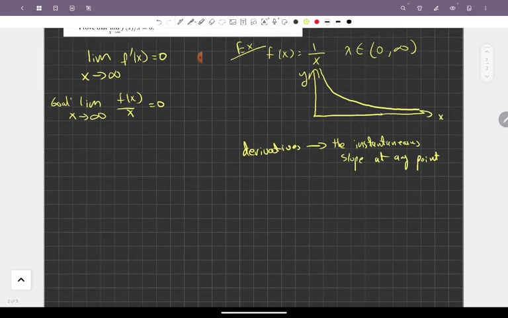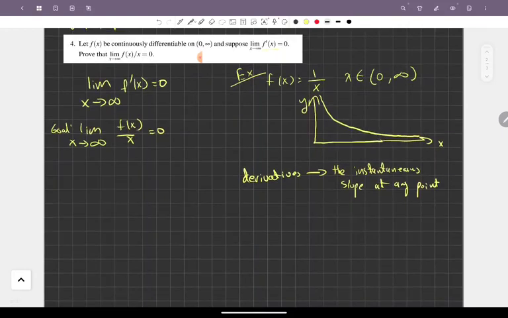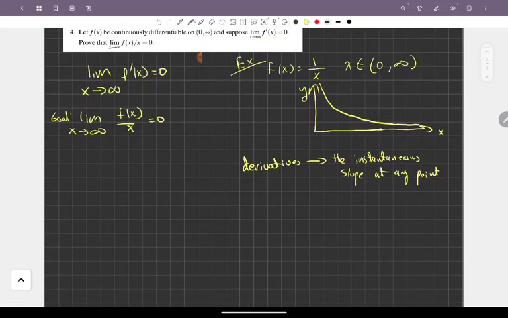This gives me the motivation that, and this is also really easy to tell, you could say that if the limit as x approaches infinity of f prime of x is 0, you could sort of integrate both sides, and conclude that the limit as x approaches infinity of f of x approaches some constant c.